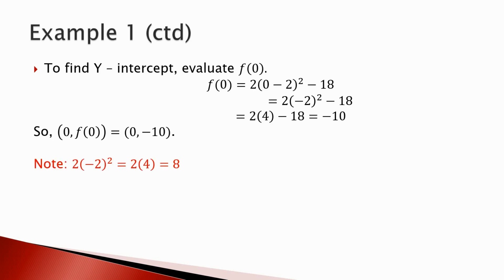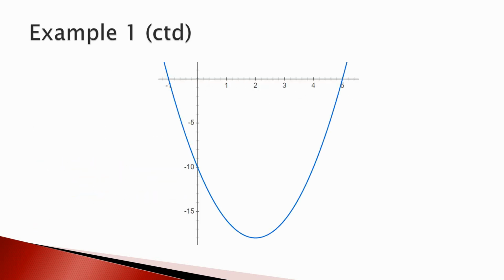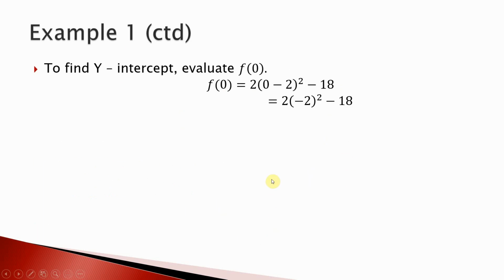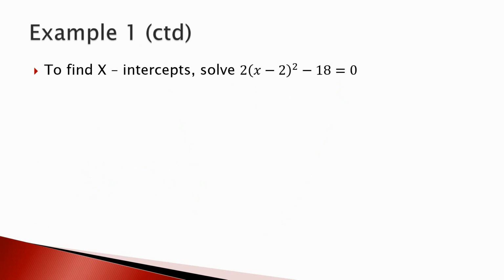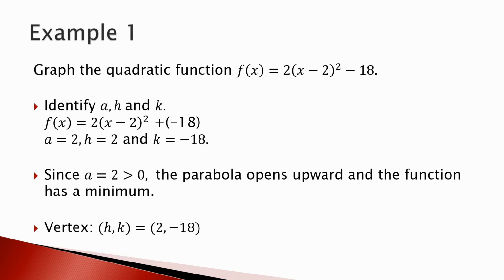So the graph is this. The vertex is 2, negative 18. Let's see whether that's correct.